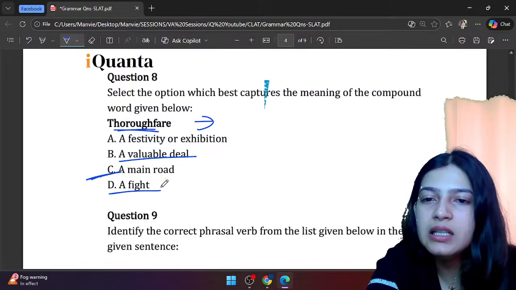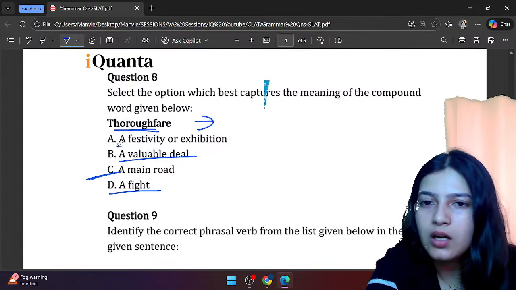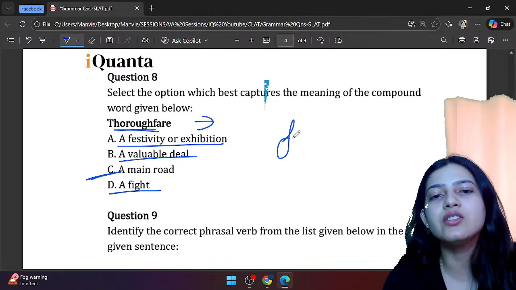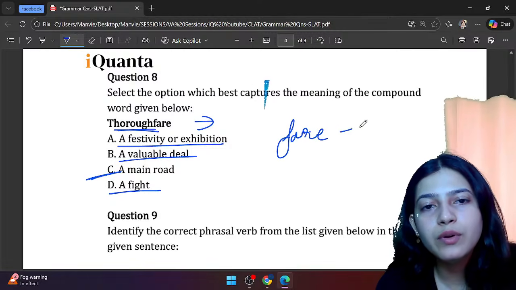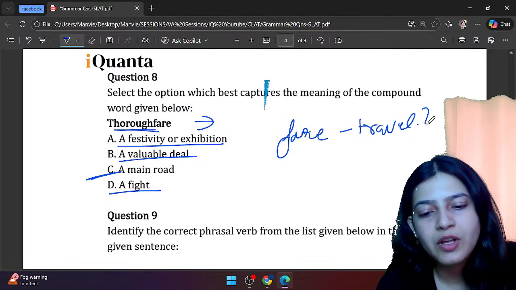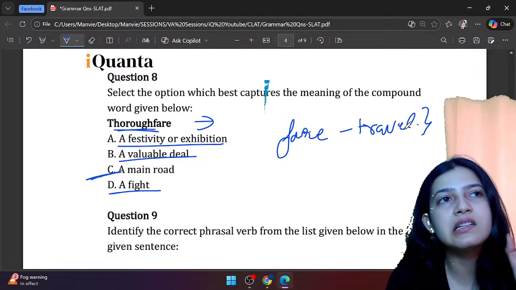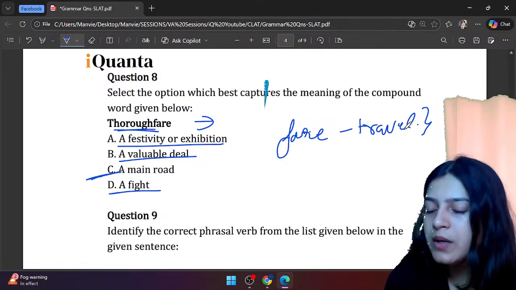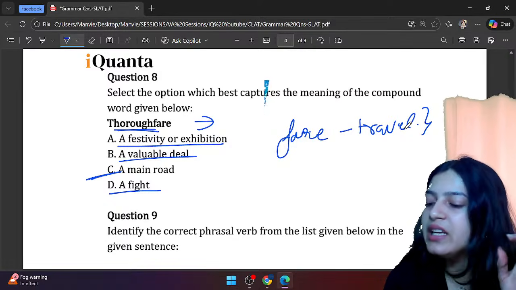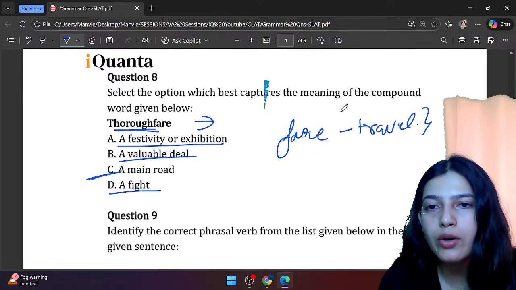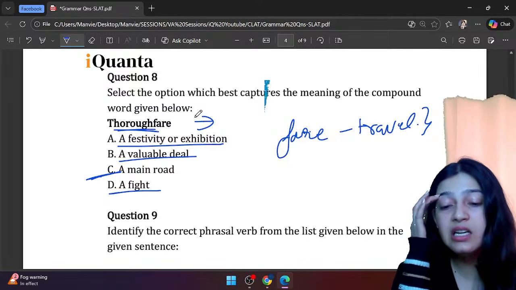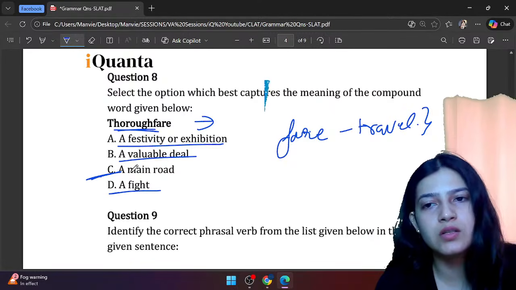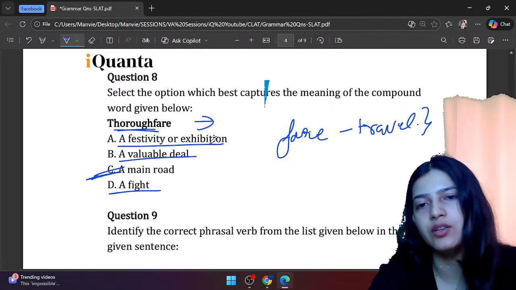Valuable deal, fight, festivity and exhibition are not the correct answers. Fare actually is also a verb which means travel. तो वहाँ से आता है, right? So these compound nouns, verbs या जो भी, they often retain literal meaning. तो thorough, fare. So basically a way where you pass through. So C is the correct answer here.